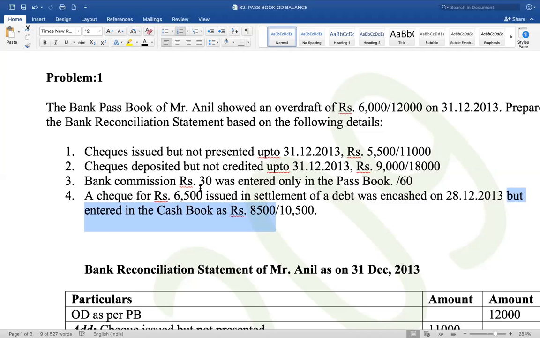So instead of writing 6,500, you have written 8,500. That means the payment side of the cash book is entered as 8,500 instead of 6,500, 2,000 extra.